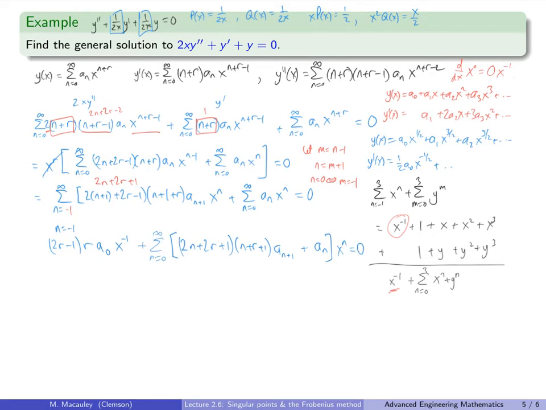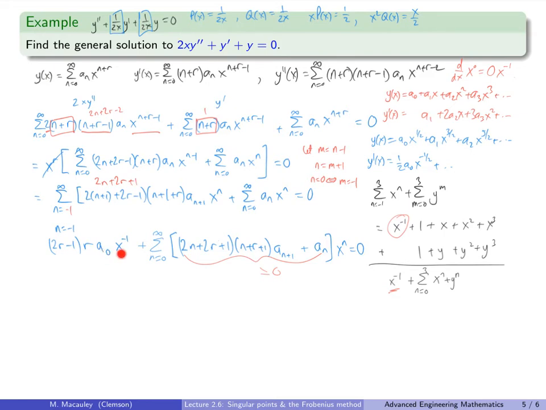Okay, so now what does this tell us? This is a generalized power series. If this is equal to 0, then it must be the case that this has to be equal to 0, and it also must be the case that this term is equal to 0. Now, a naught is not guaranteed to be 0. We can set that to be anything we want to.